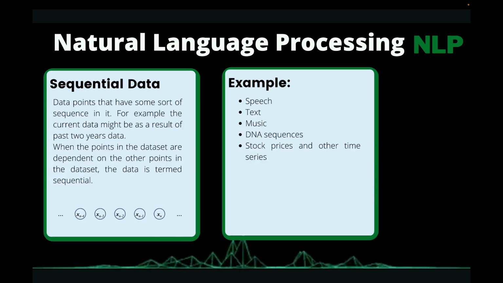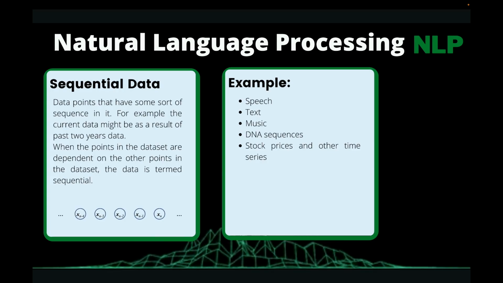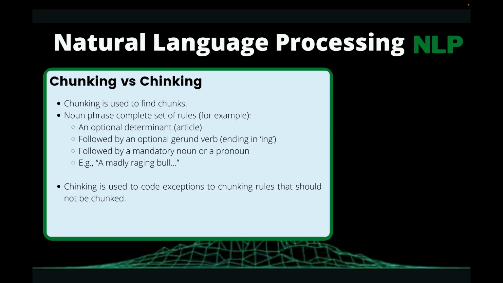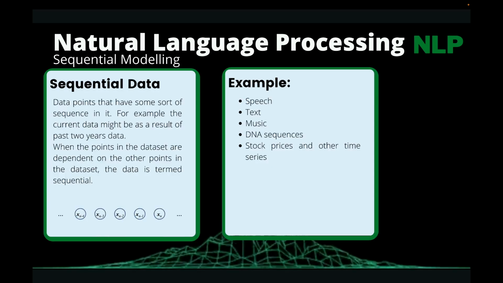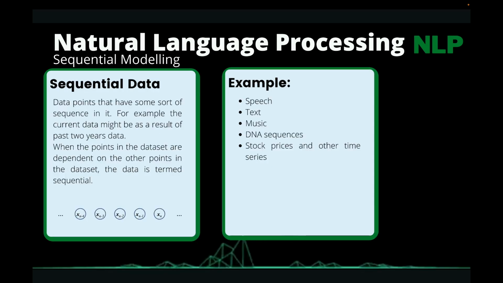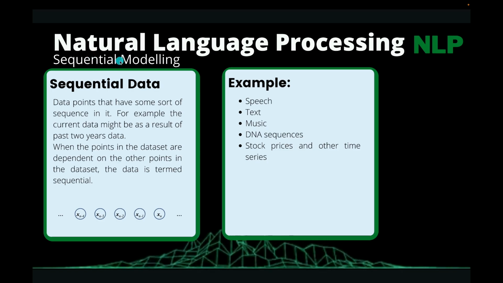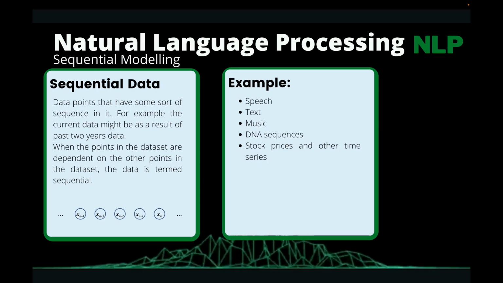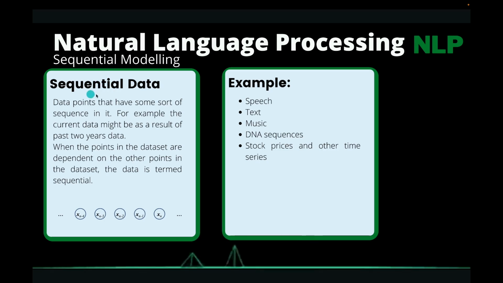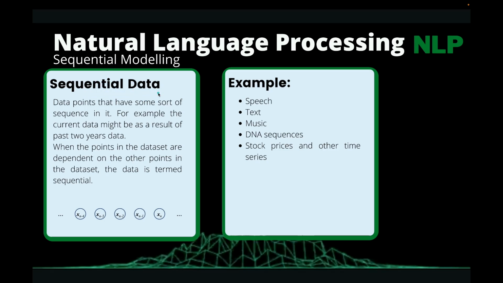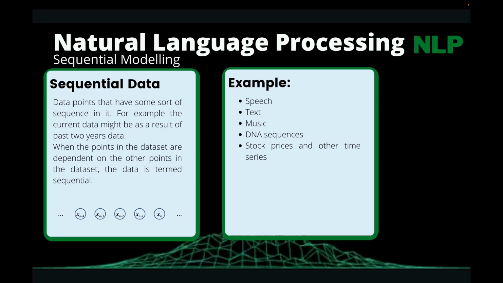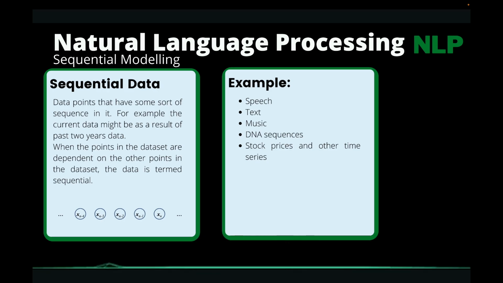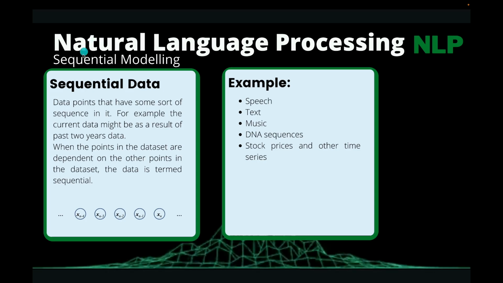We're going to start with what is referred to as sequential data. In text processing, the most important thing is to be able to do sequential modeling. First we're going to understand what sequential data is, and then we will get to understand the problems that already exist and some of the state-of-the-art algorithms that have been developed for sequential modeling.